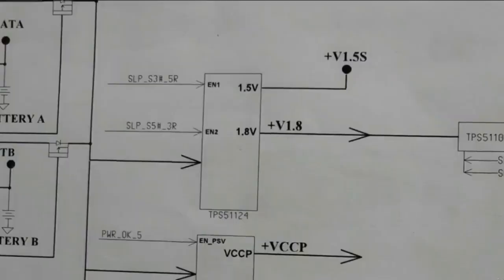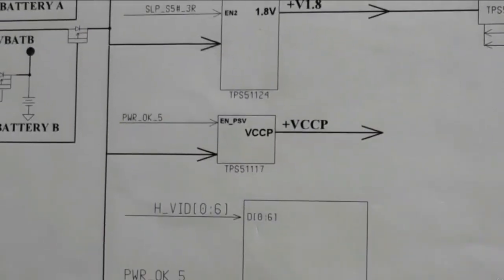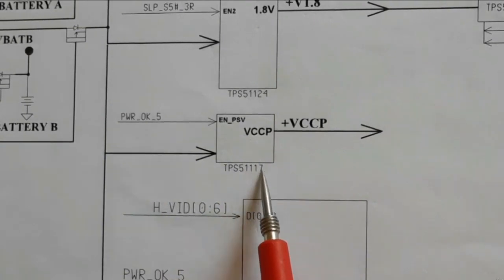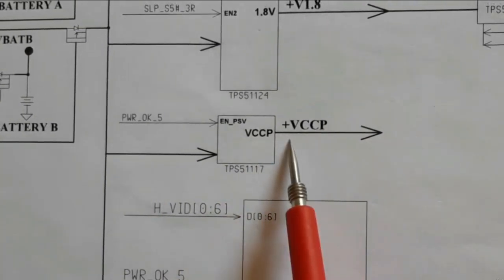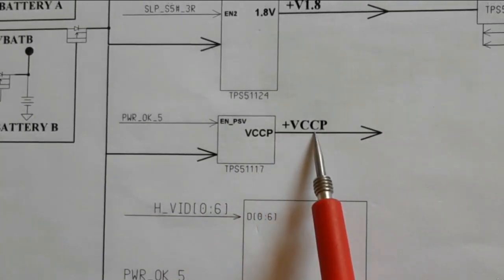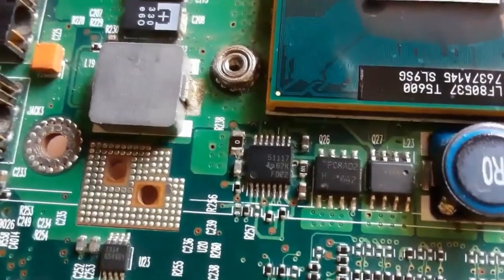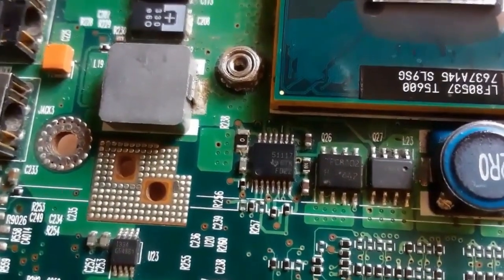Okay, so now let's see the plus VCCP power management IC, the TPS51117. So the plus VCCP will be applied to the processor and other chips in the motherboard. So let's see it in the motherboard. Of course, this IC should be near to the processor.